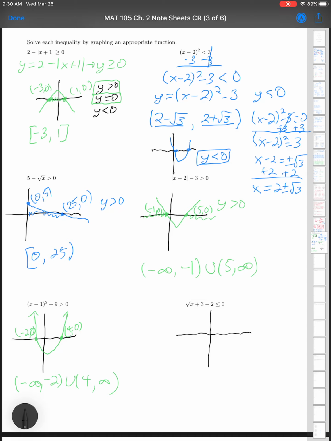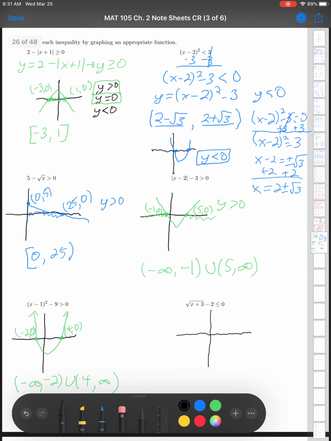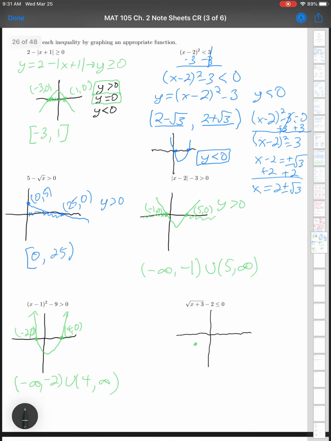And then this other one, the graph should look something like this. So the end point over here should be at -3, -2.